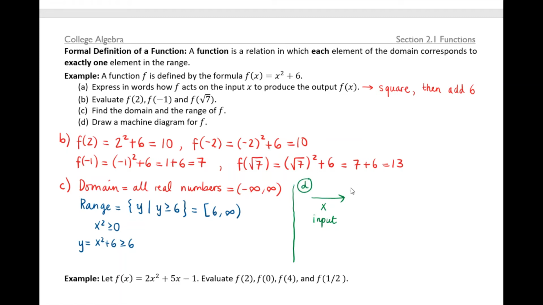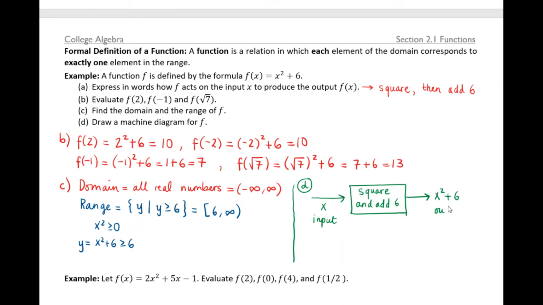You have the input x, and then you square and add 6. So that's what you apply in here. That goes into the machine, and then the output will be simply, as you see, x squared plus 6.